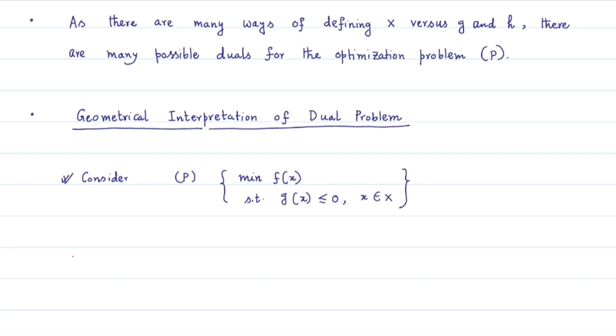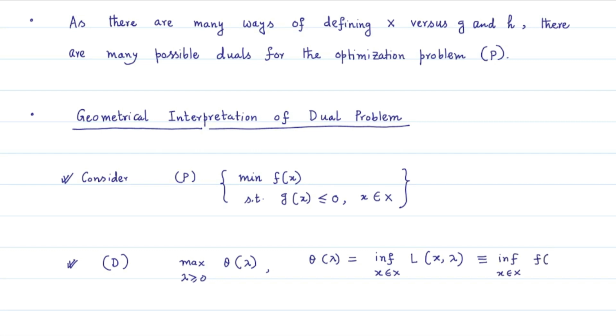Corresponding to this primal problem, the dual problem is given by maximization of the function theta(lambda) over lambda greater than or equal to 0, where this theta(lambda), the dual function, is given by the infimum over capital X of the Lagrangian function L(x, lambda), which in turn is the infimum over capital X of the function f(x) plus lambda g(x), right?